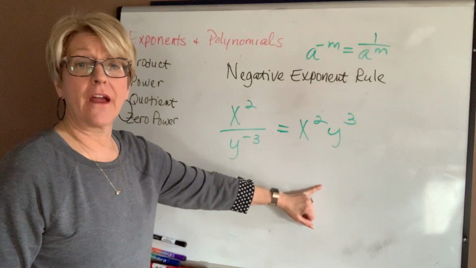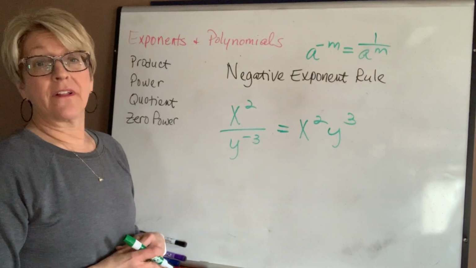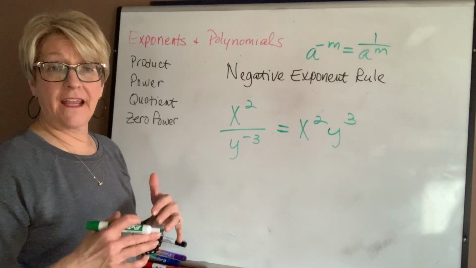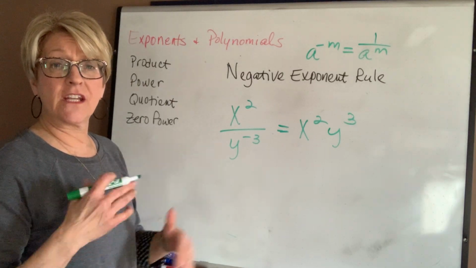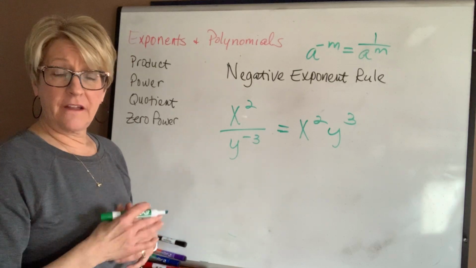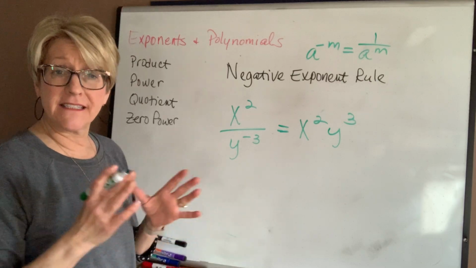Okay? All right. So that negative exponent rule, right? It says what? If anything has a negative exponent, it has to change position. If it's in a numerator, it's going to move down. If it's in a denominator, it's going to move up. If it's not negative, it stays where it's at.